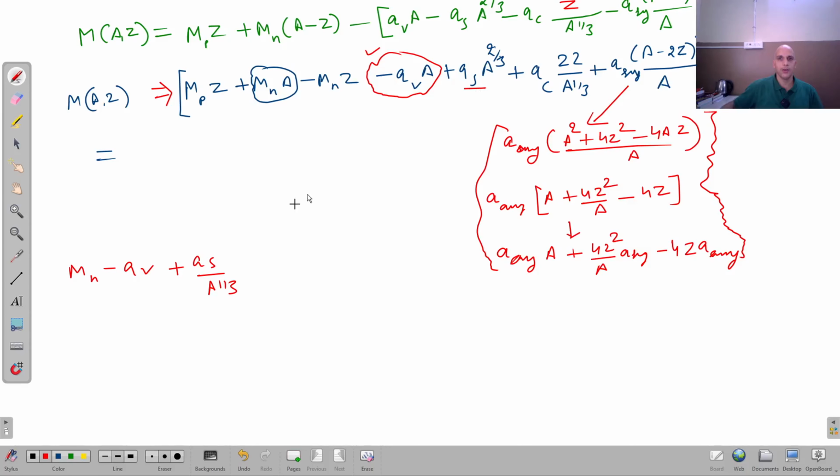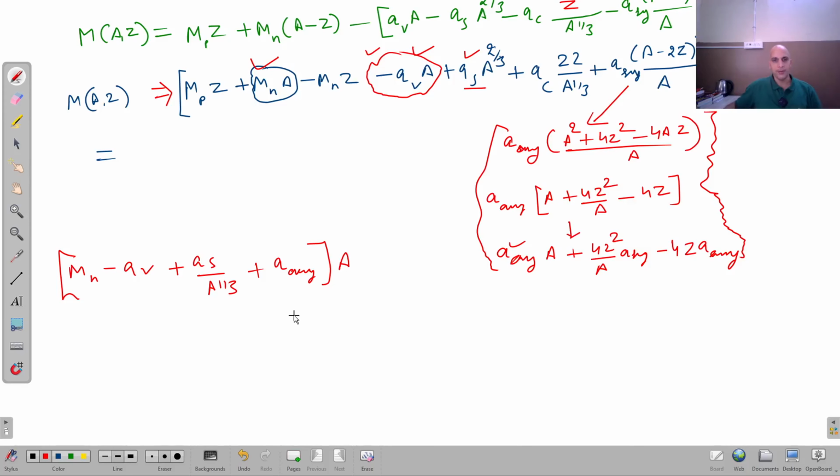When I will take A common, it will become this, then plus A symmetry. Now this is the A common, right. You can see here in this expansion, this term and this term are taken inside the bracket and A is common.